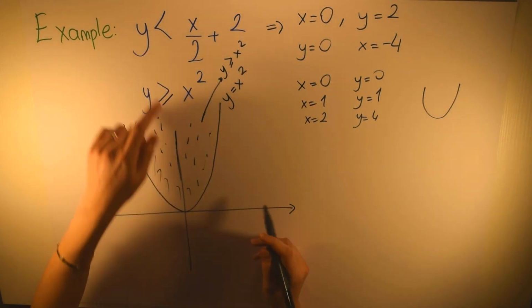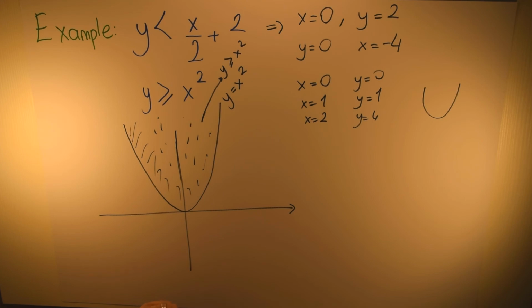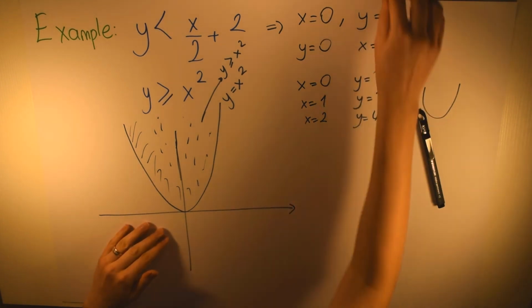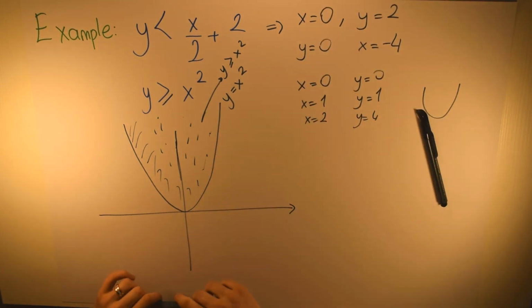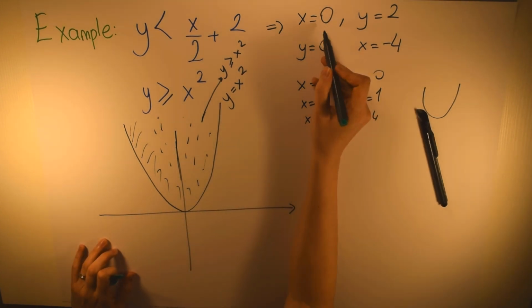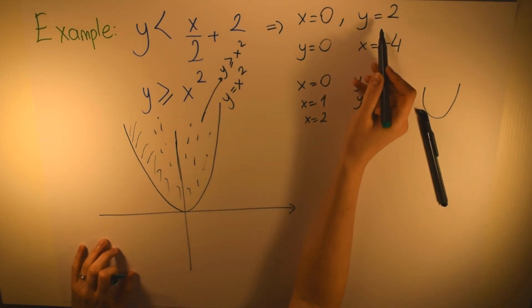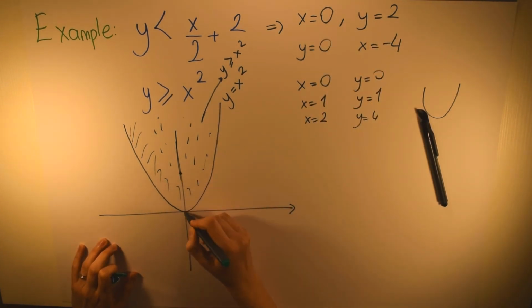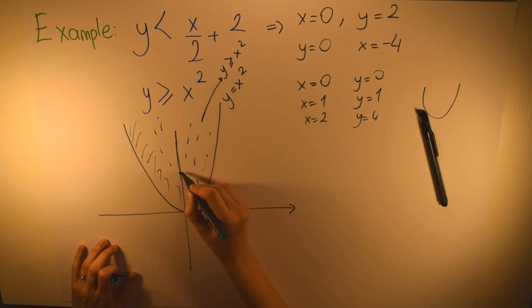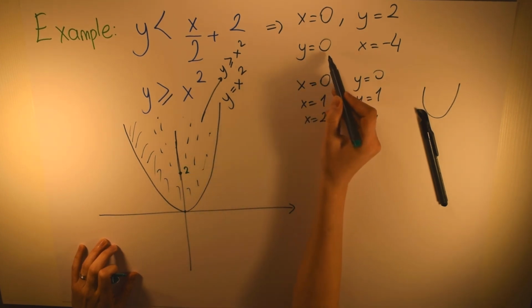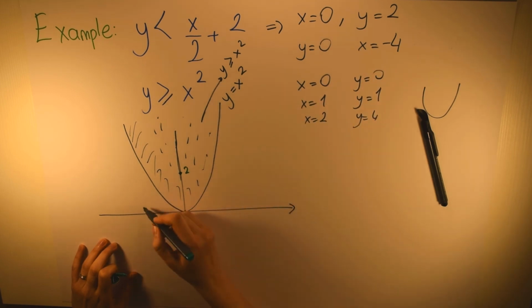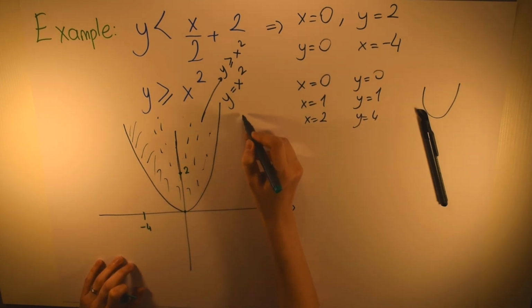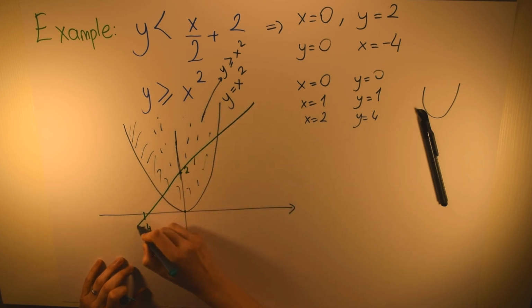So for the first one, it should be a normal straight line. Let me draw this with this one. So when x is equal to 0, y is equal to 2. And when y is equal to 0, x is equal to minus 4, right? So this line will pass through like this.